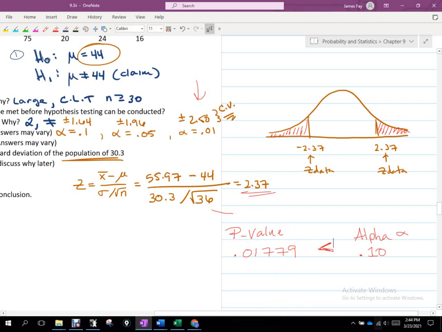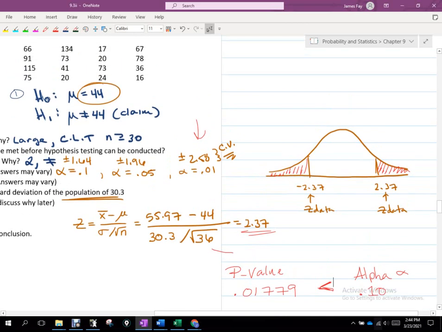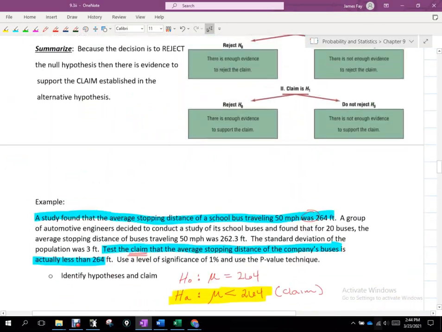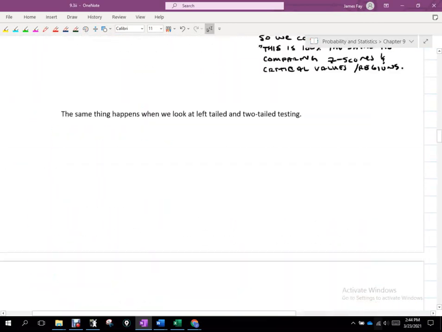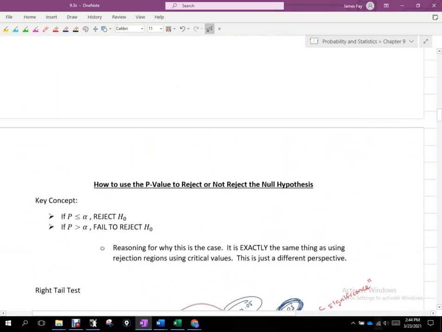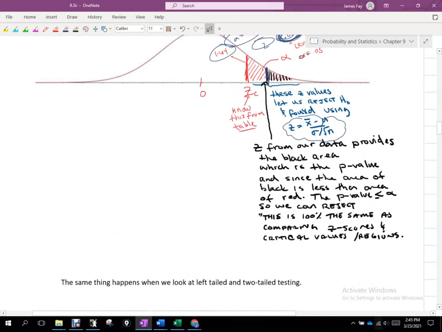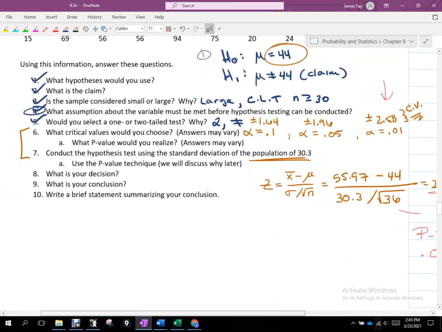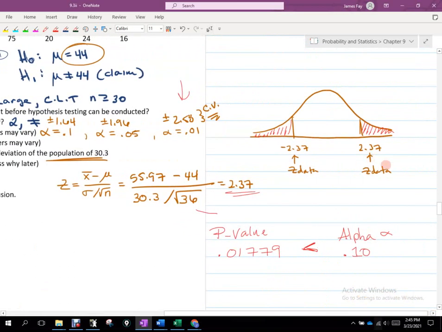So we're always taking our p-value, your p-value less than alpha. I'm sorry, you reject. Did I say that or did I say fail? If your p-value is less, you reject. So the p-value is less, so at 10%, we would reject.